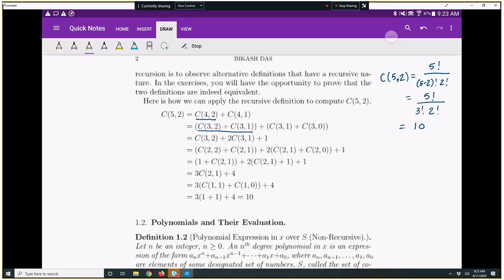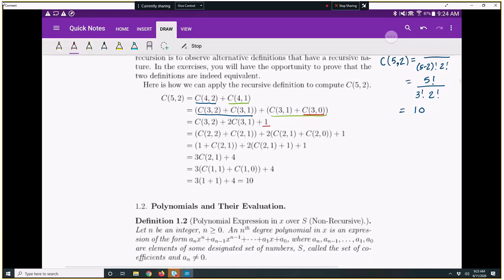And this 4 choose 1 we replace by 3 choose 1 plus 3 choose 0. Now, our basic definition said that n choose 0 is 1. So in the next step, this n choose 0 is replaced by 1. And the 3 choose 1 plus 3 choose 1 we've rewritten as 2 times 3 choose 1. And then we keep repeating this process.